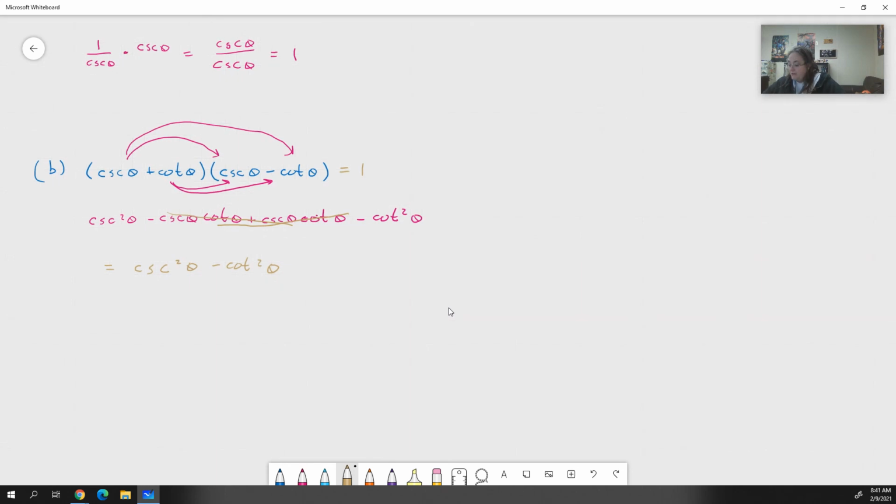So we know that we have the Pythagorean identity 1 plus cotangent theta squared equals cosecant squared, right? So we can just subtract cotangent squared theta from both sides, right?